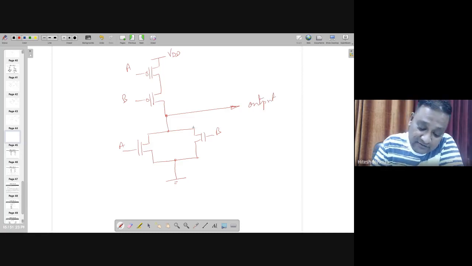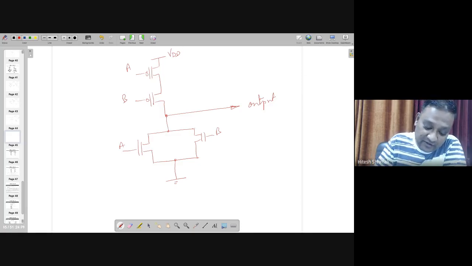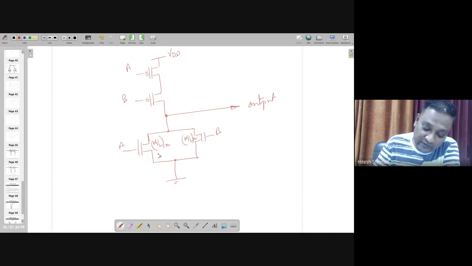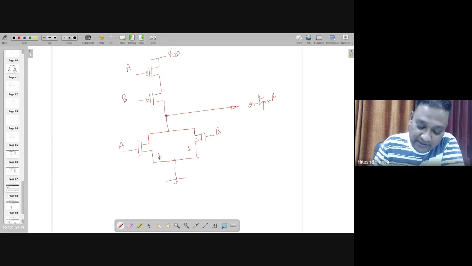I know that the two transistors here are like an OR, means either of the transistors will be on in the worst case. In the best case, maybe both the transistors will be on. So I'm looking at the condition when one of the transistors is on. Both of them are W by L of N, the same value, means 1 and 1, as I am keeping the ratio normalized to the W by L of NMOS. So I can write down 1, 1.